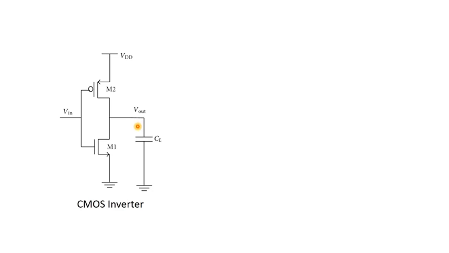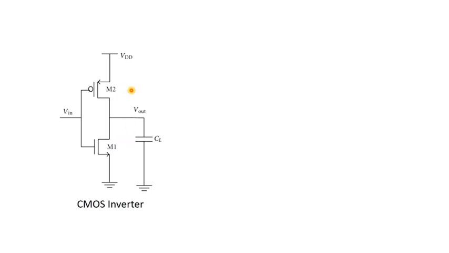Similarly, when this NMOS is on, then this PMOS will be off. So the total NMOS current will be used to discharge the load capacitor. Unlike other NMOS inverters, there will be no clash between the current of the load and the driver.